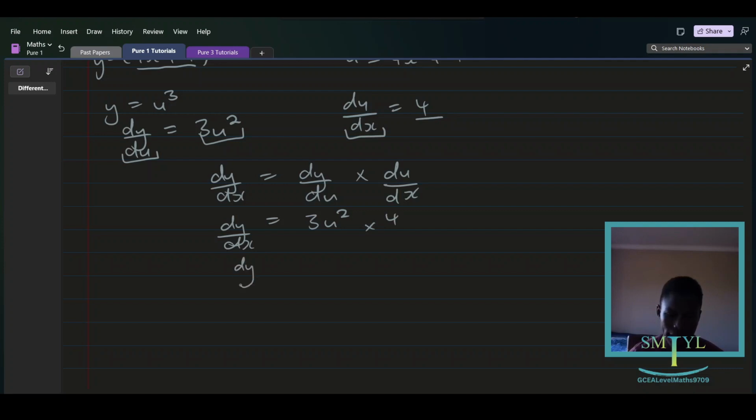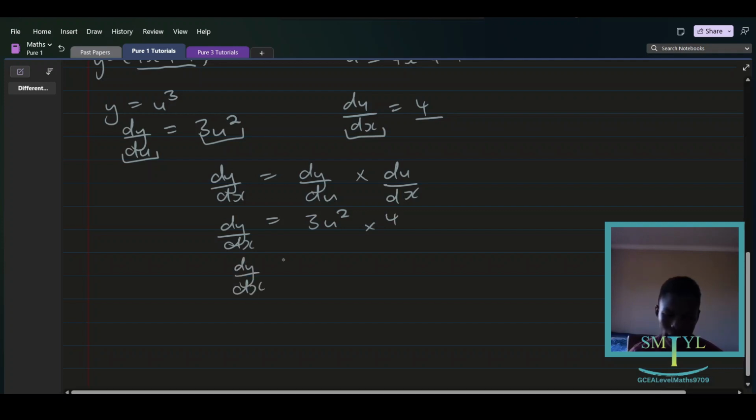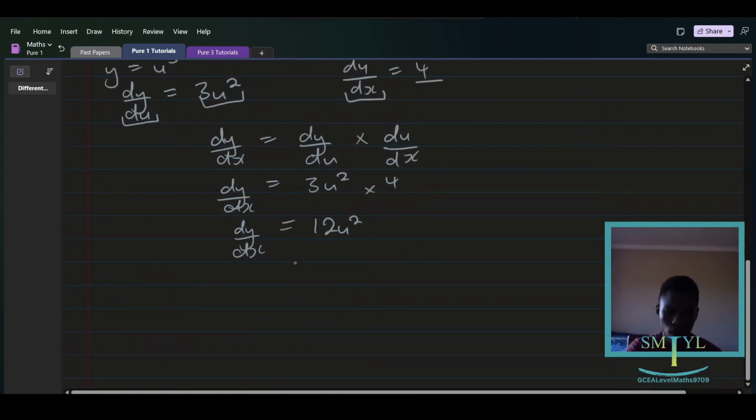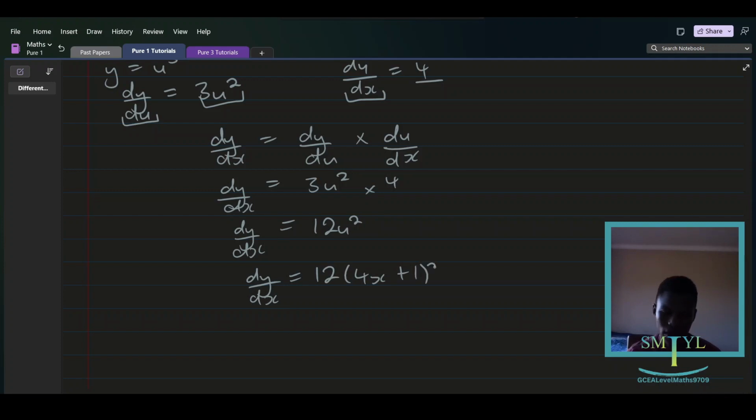So dy/dx is equal to 12u squared, and then we have to substitute u. u is 4x plus 1. So dy/dx is equal to 12 times (4x plus 1) to the power 2. And that will be our final answer.